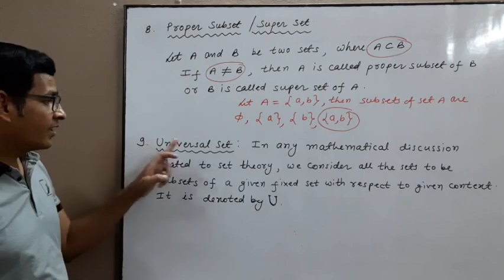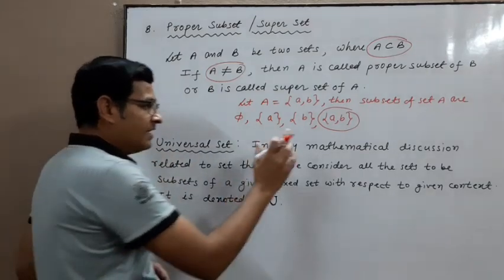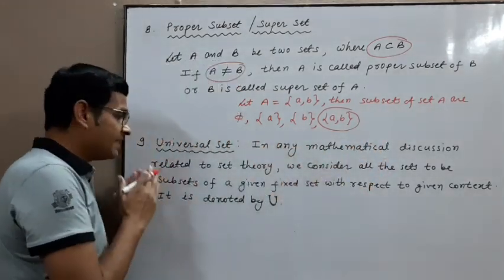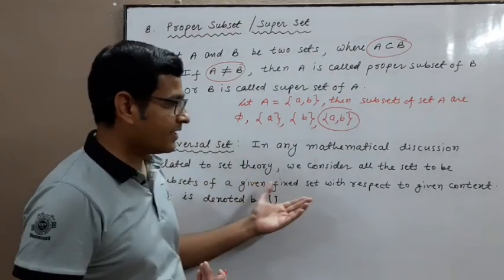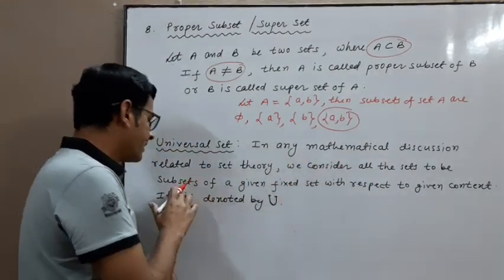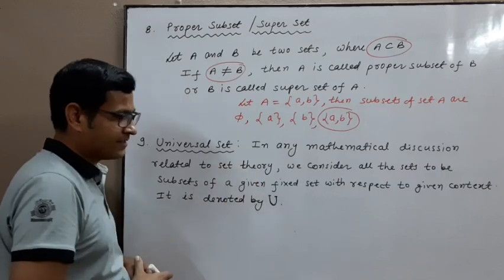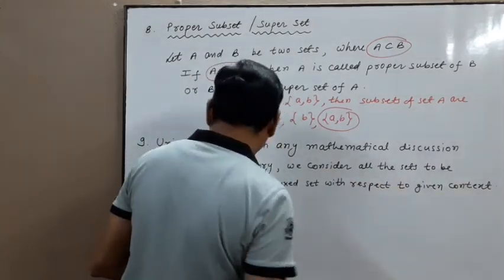9th, universal set. In any mathematical discussion related to set theory, we consider all the sets to be subsets of a given fixed set with respect to a given context.